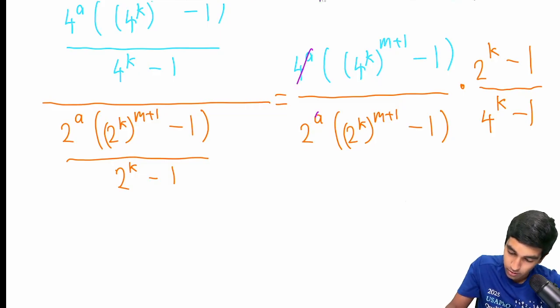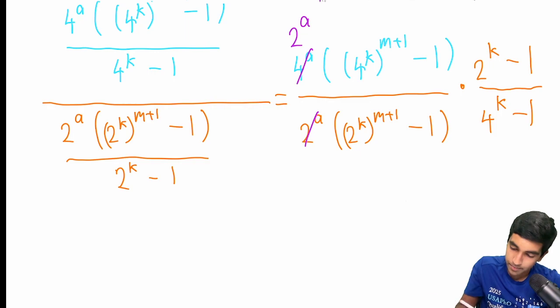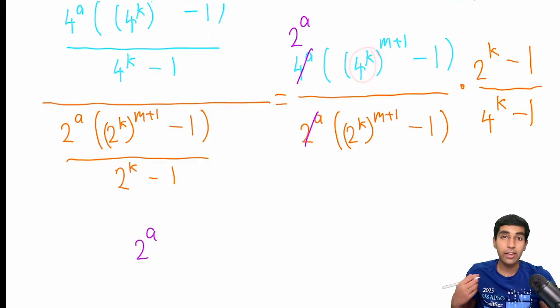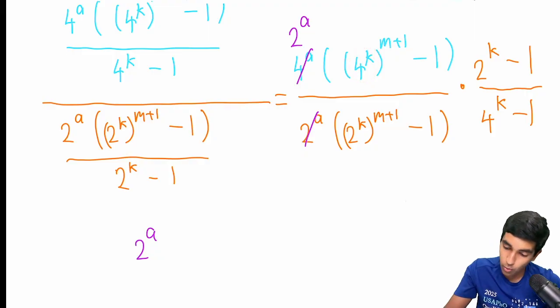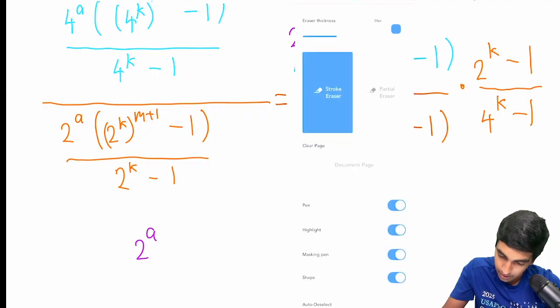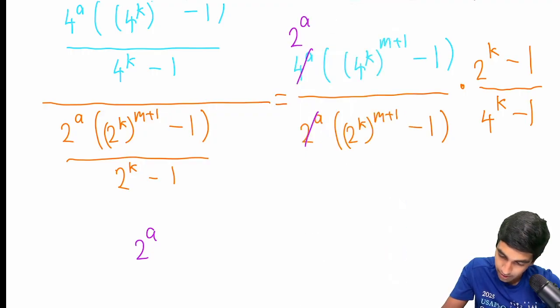So we have 2 to the a over here, and then notice something really nice: 4 to the k is 2 to the k, squared. So this is precisely 2 to the k to the n plus 1, all squared.